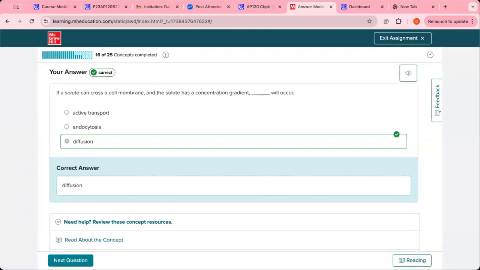It might be, okay, yeah. Because it would flow into the cell, but diffusion is the passage of substances from greater to lesser concentration. So, okay, next question.